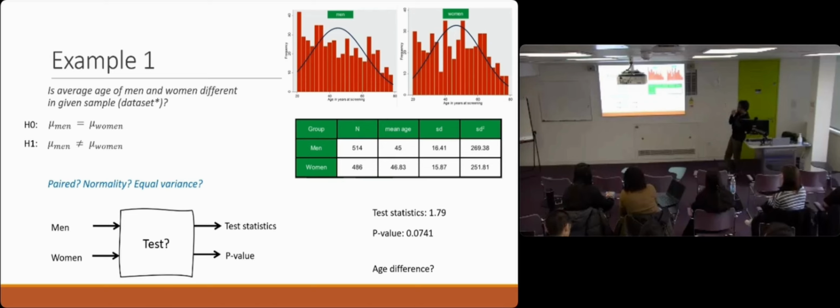Just check the mean. Mean of man is 45, mean of woman is 46.83. Even if you accept it with 90% confidence, you will say, 90% confident, I am sure that the age of a man is different than woman in this data set, and the difference is 1.6 years. Is it big enough?